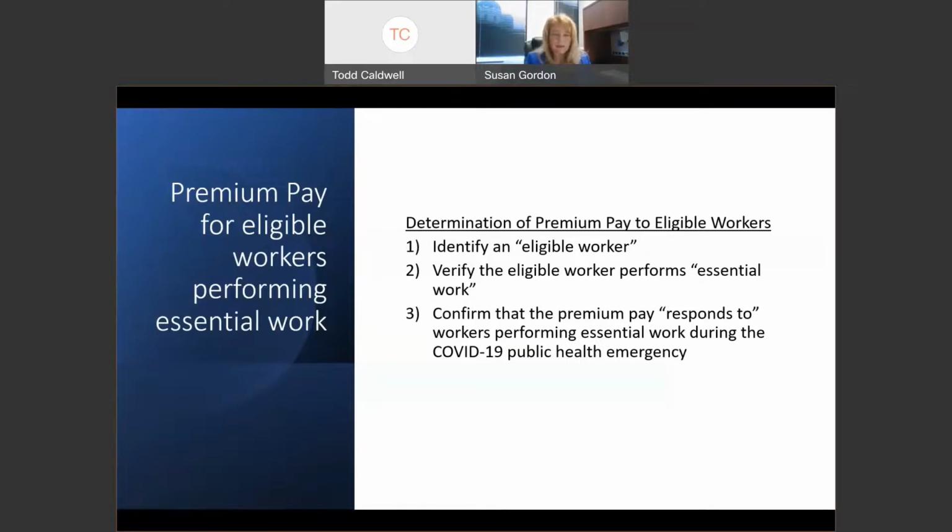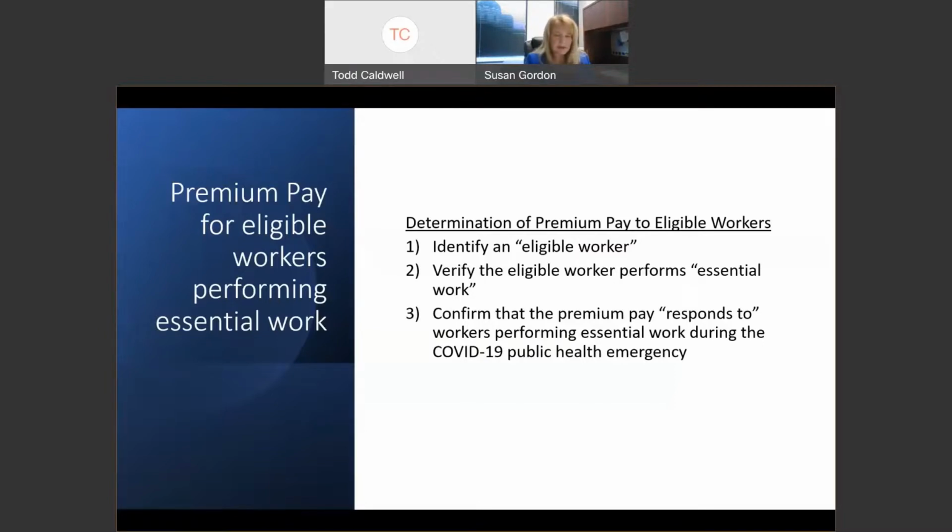And then the final rule clarified how it responds to eligible workers. And there's basically three categories that you have to think about. Well, it's not three categories really, but three ways. So first of all, it's going to respond to a worker if that worker's income is below certain thresholds that are stated in the final rule.